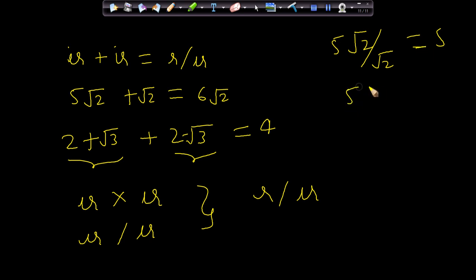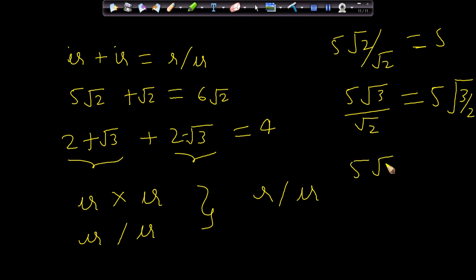But if I divide 5 root 3 by root 2, the result is 5 root 3 by 2. Similarly, if I multiply 5 root 2 into root 3, the result is 5 root 6.